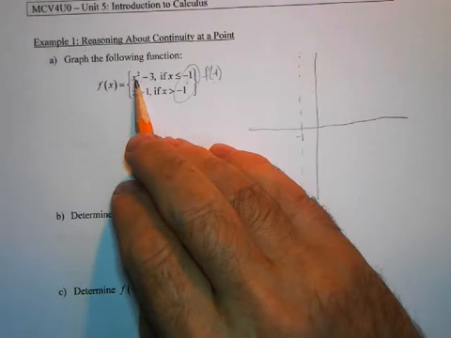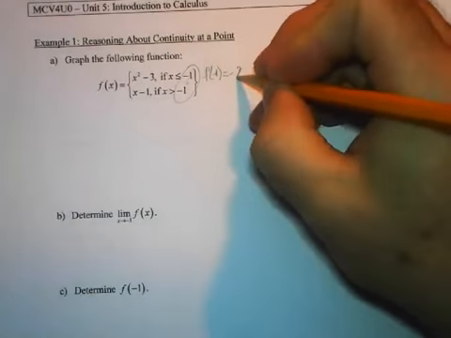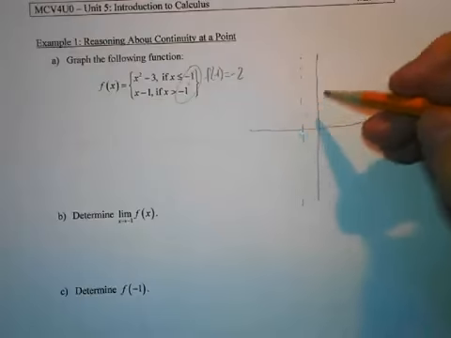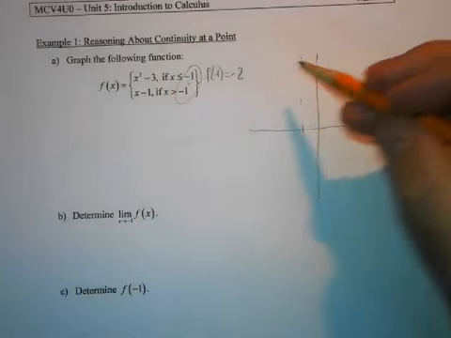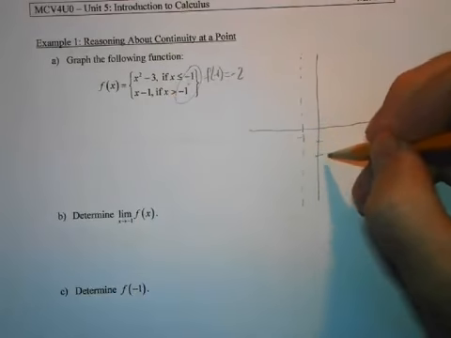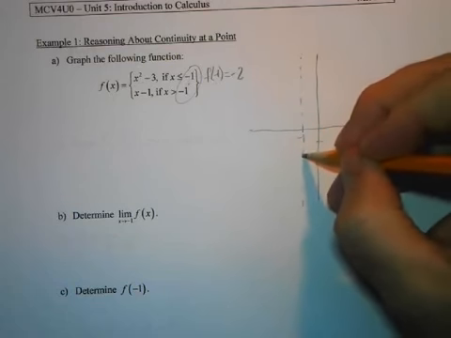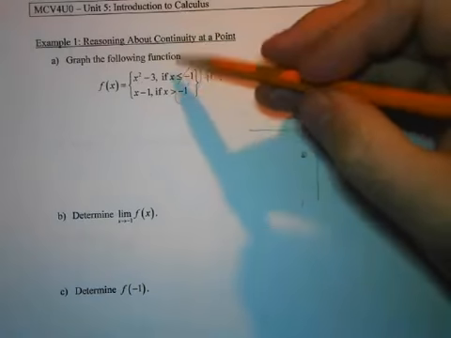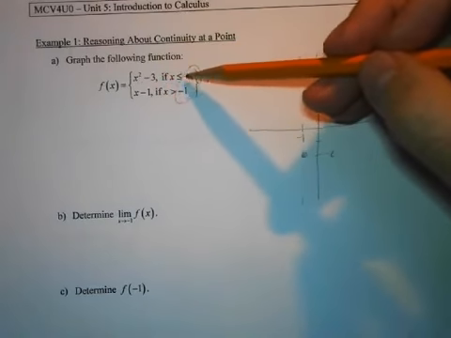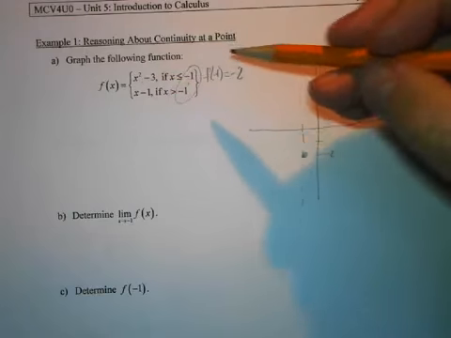If you plug in -1 here, you get -1 squared, which is 1. 1 minus 3 is -2. So what I can say here is, if I'm going to draw this top function, let's do some scale here, so that's -2. So that point there, and I can make it a closed circle because we're using that branch for when x equals -1 as well, and everything below.